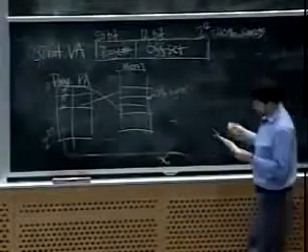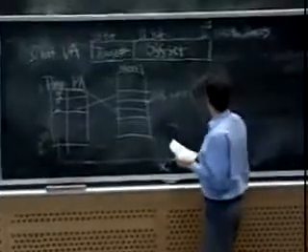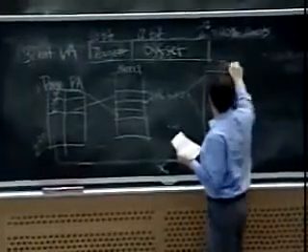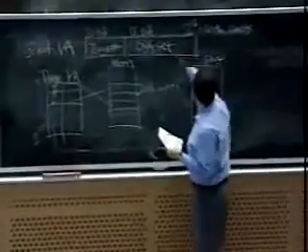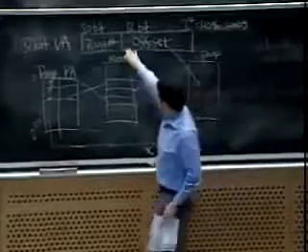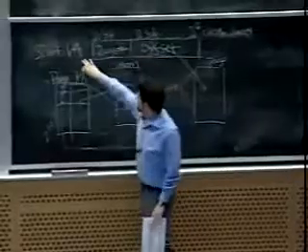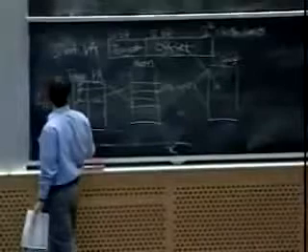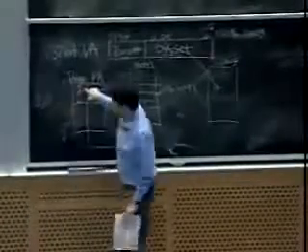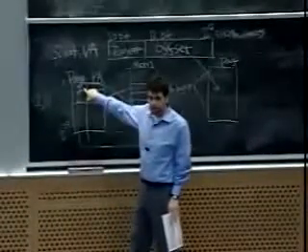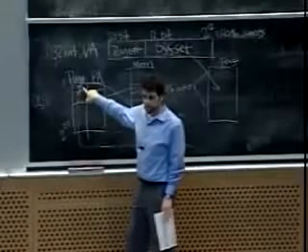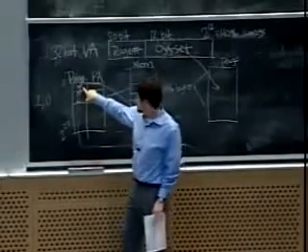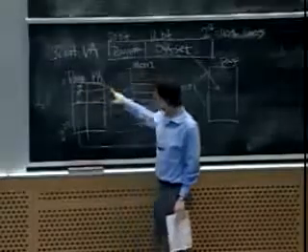Let's expand this. This is now a page, and this 12-bit offset is going to be used to look up the word that we actually want in this page. So if the virtual address is, for example, page 1 offset 0, we look up in the page map, find page number 1, and find the physical address that corresponds to it.